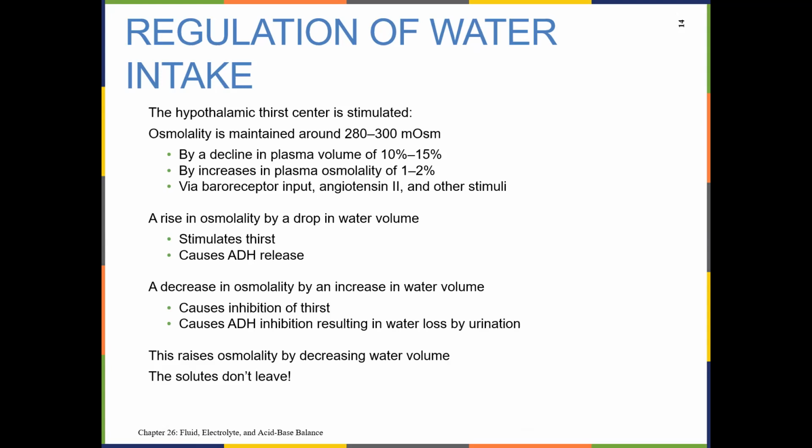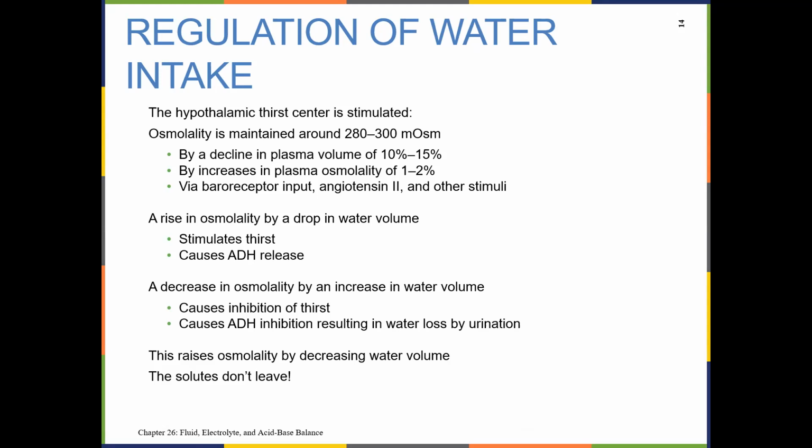So what happens to make us thirsty? How does our body regulate water? Because this is something we just don't leave to chance. We try to keep our osmotic concentration in our plasma at 300 milliosmoles.